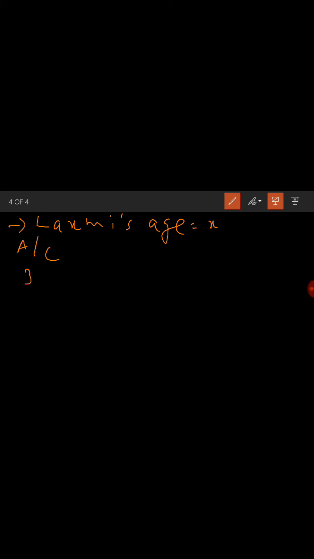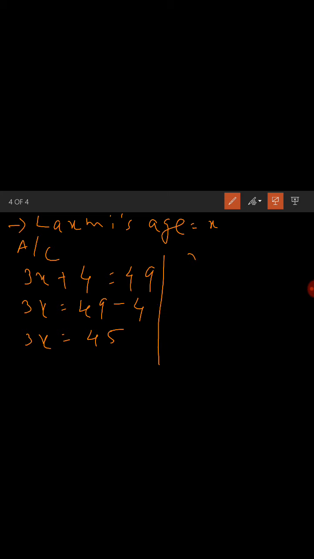So 3x plus 4 will be equal to the age of his father, which is 49. Now 4 will be transposed to the right hand side. So it is plus, so it will become minus. 3x is equal to 49 minus 4. So 3x is equal to 45. Next line I am writing here. So x will be equal to 45 divided by 3.